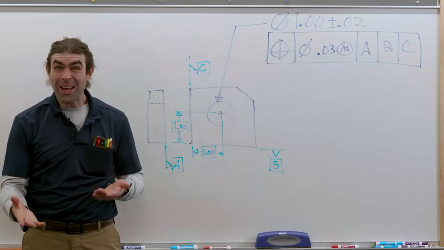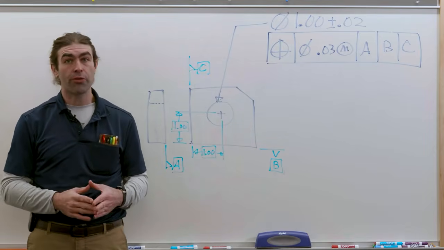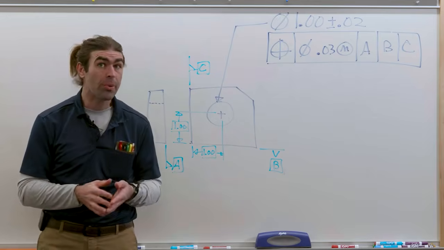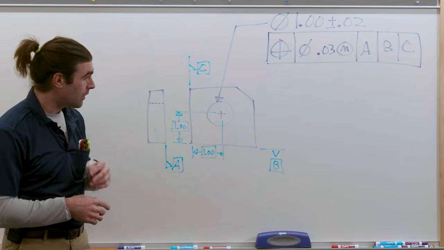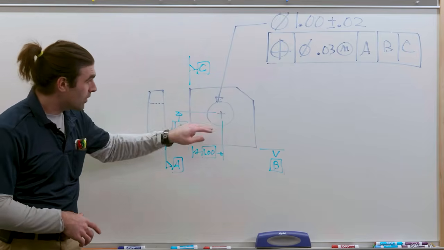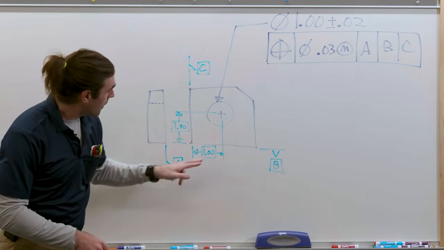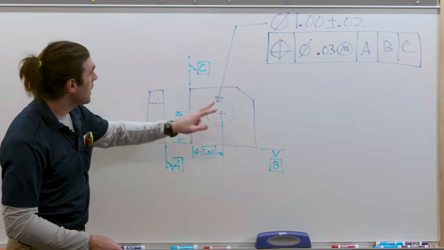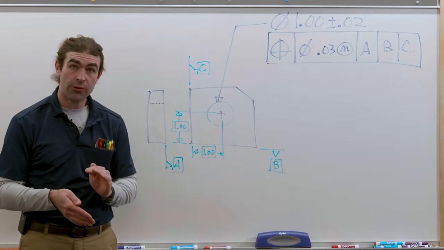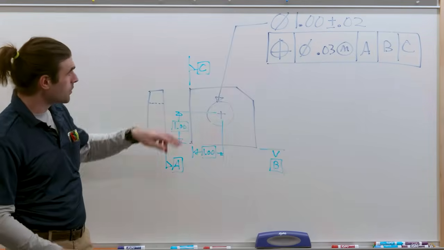So here is about as complicated as a feature control frame can get, but it's not too bad. So we've got a block with a hole in it. We've got basic dimensions locating the center of the hole. We've got 3 datums, so A, B, and C on perpendicular surfaces of the part.